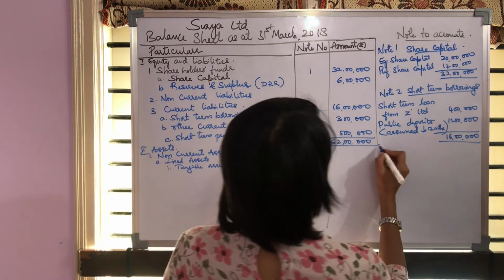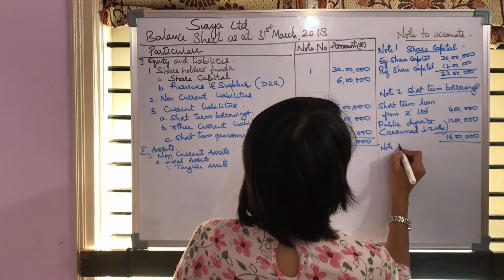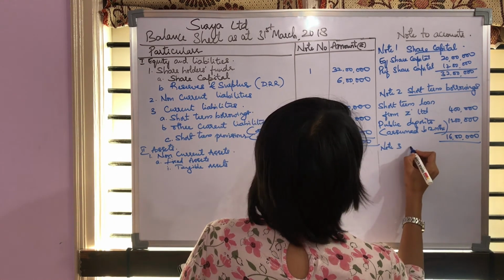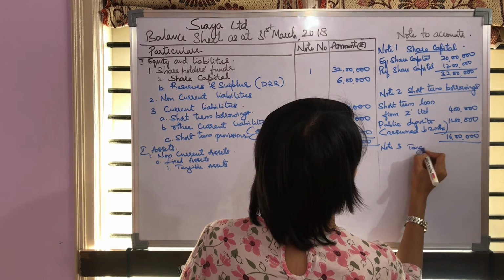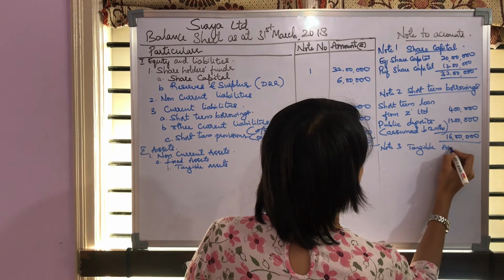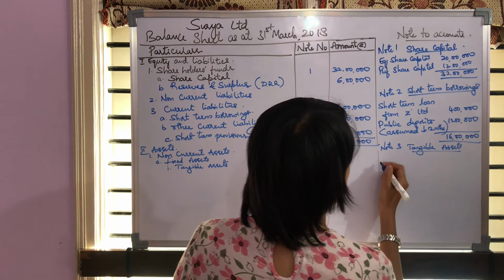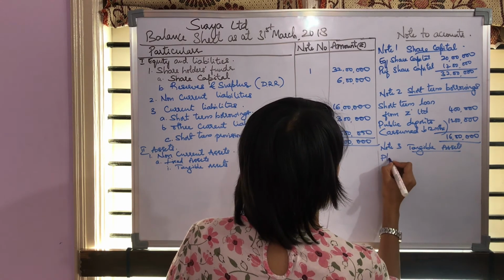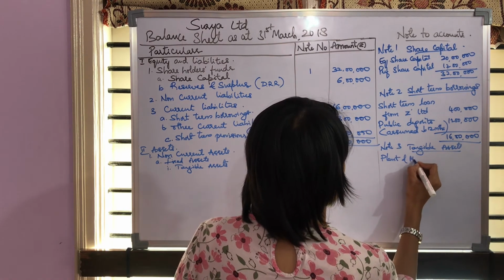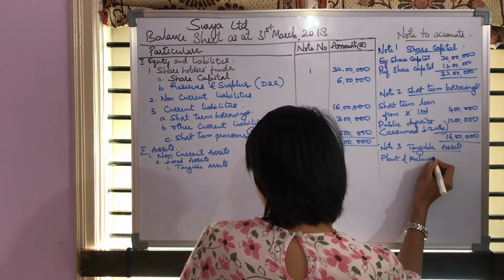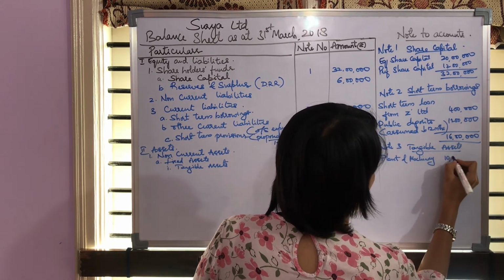So let's prepare. Note number 3. We will call this as tangible assets. Under this category, plant and machinery 10 lakhs.